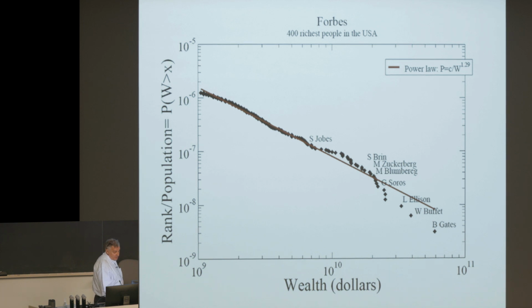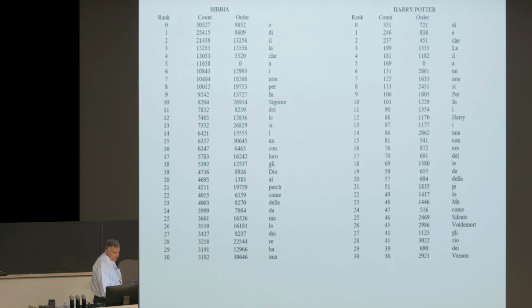And what is amazing is not only that billionaires are distributed in such a way, but also the words in any language. For example, if you take the Bible and Harry Potter translated into Italian, you can put the words in the order of their frequency.